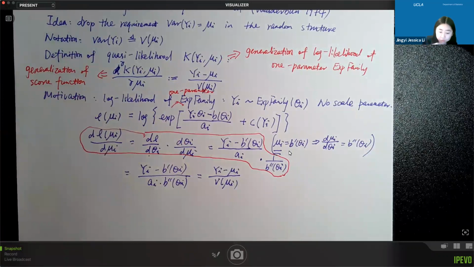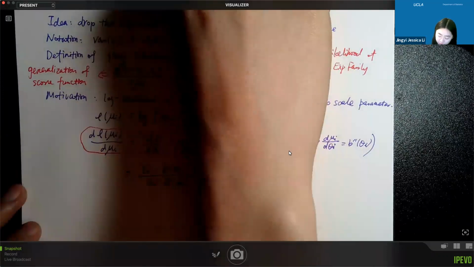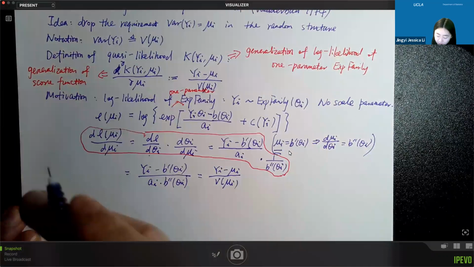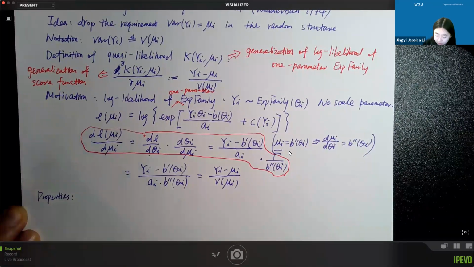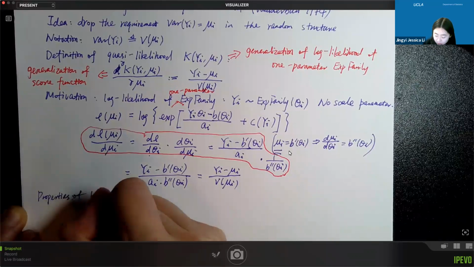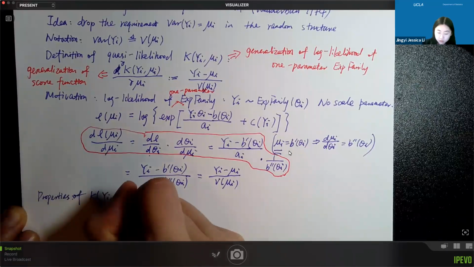So therefore, we would have several properties. I think it's interesting to introduce them, so we will conclude today's lecture by talking about these properties, okay? Properties of K(y_i, mu_i), the quasi likelihood.